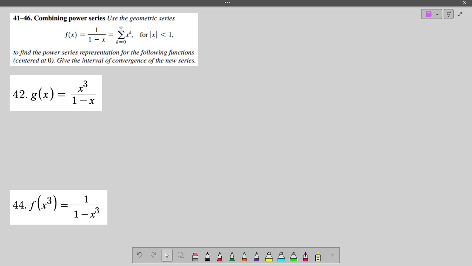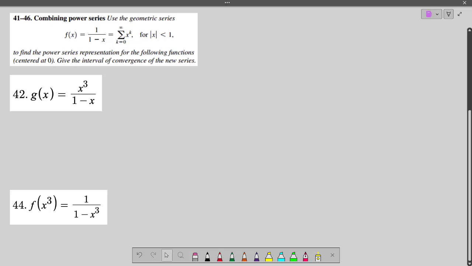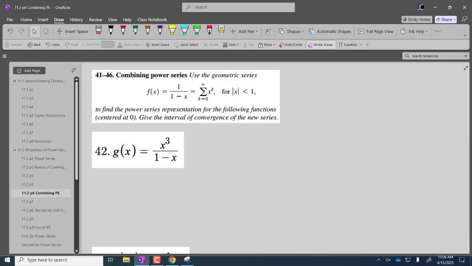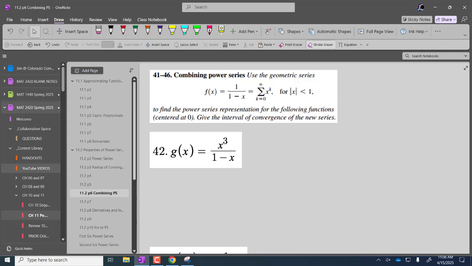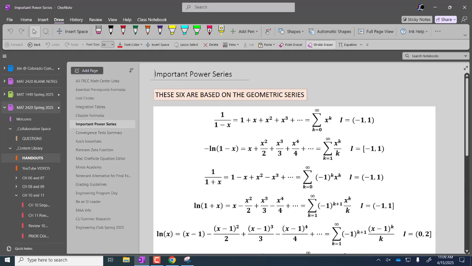We call this one the geometric series. And let me point out that there are a lot of specific power series that we are going to be using in here. It is a very good idea, if you go to the handouts, to start looking at this group of power series right here.